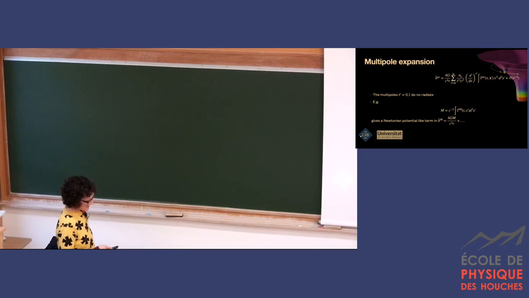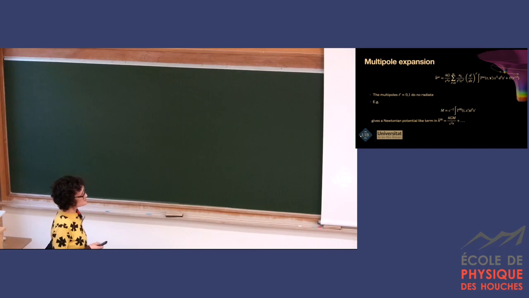And what we said at the beginning, if we look at this form, we can ask ourselves, what about the L0 and L1 modes, multipoles, sorry. In the case of L0, we get a term that is like this in the H00 component, and this is essentially something that reminds us of the Newtonian potential that we have in classical mechanics.